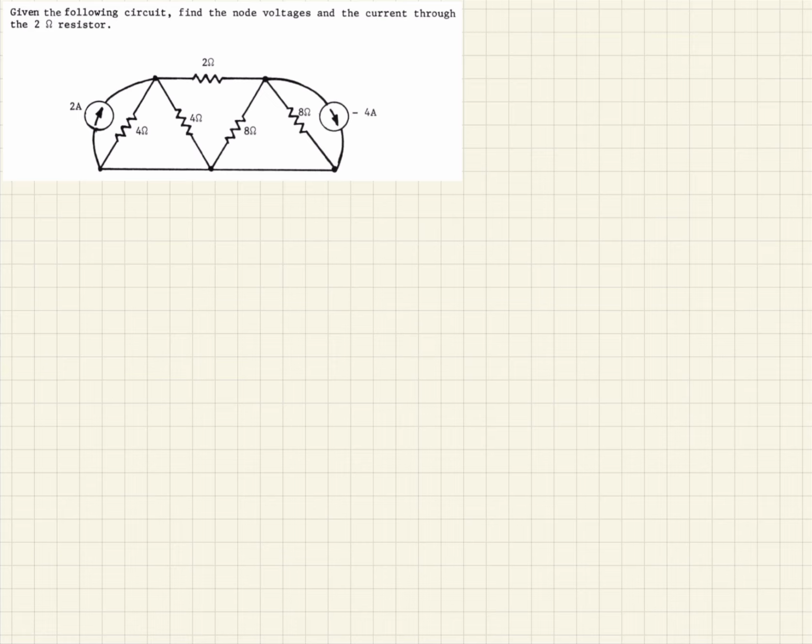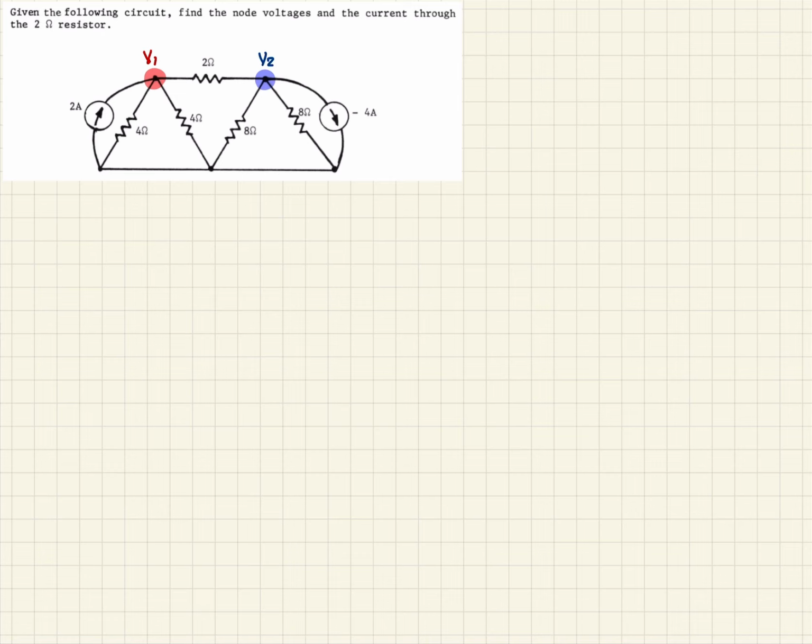So let's begin. The first thing we do is define our two nodes. So we have a red node, and we are going to define the voltage there as V1. And then we will have what we'll call the blue node, and we will call the voltage there V2.